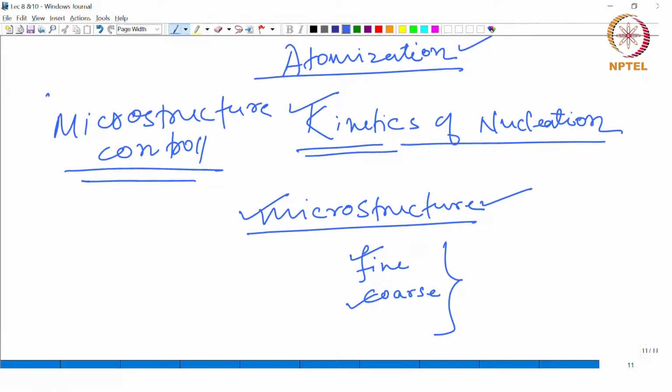And this is an important aspect because, as I said, the properties that we are going to get from a powder, or for that matter for any material, depend on this microstructure. So, how that will be controlled, that is what we are going to discuss next.